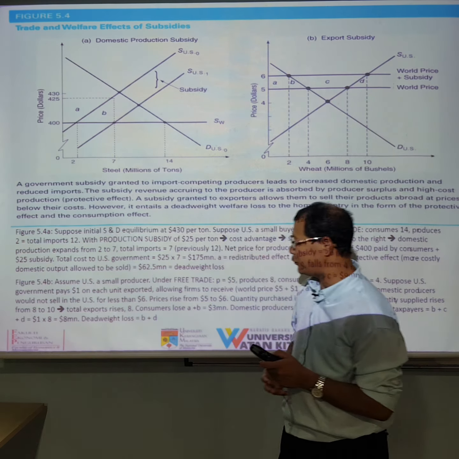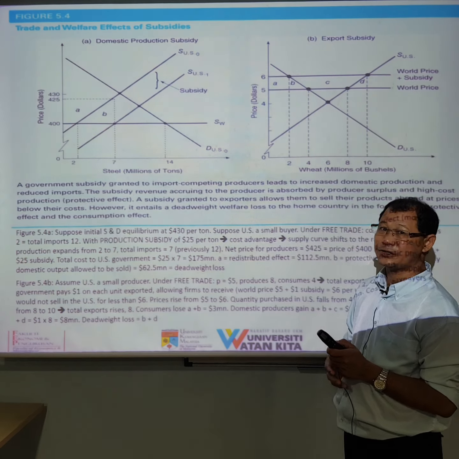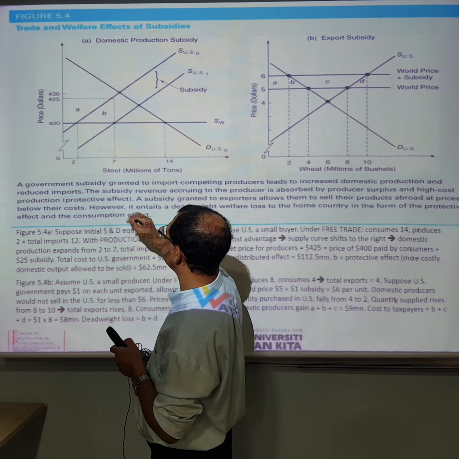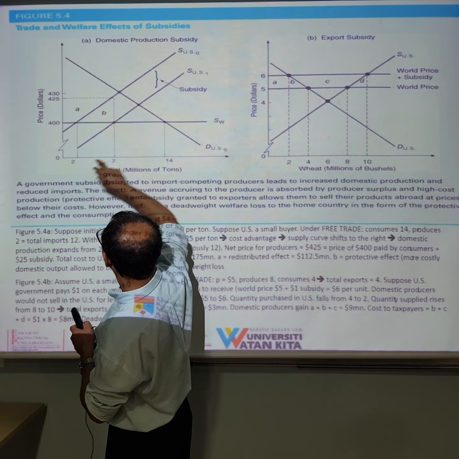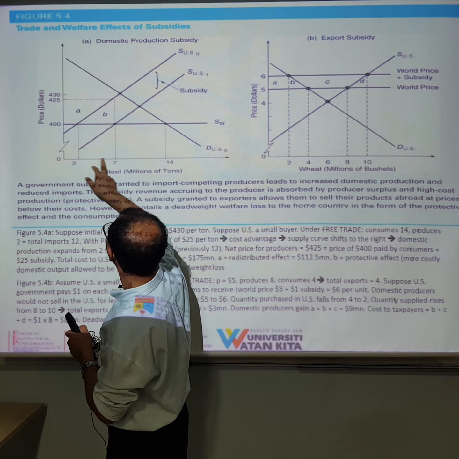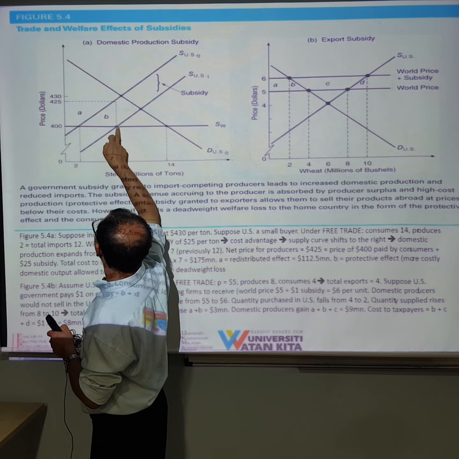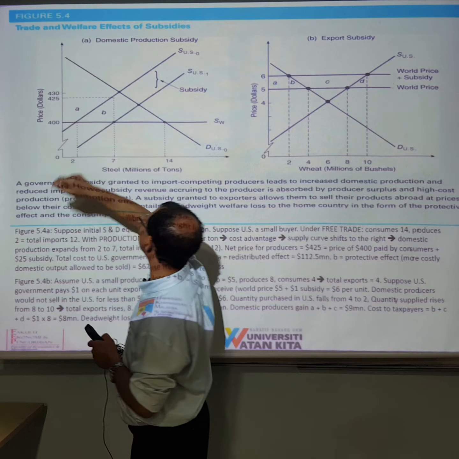So total cost to the US government is 25 times 7. That part, 7 times 25. This is the total cost to the US government.